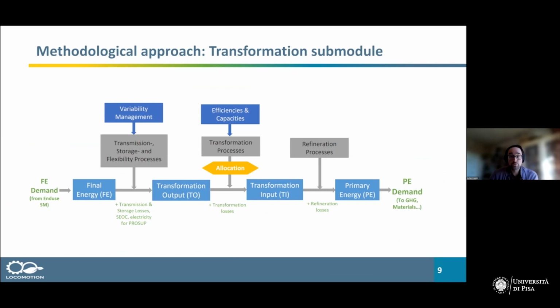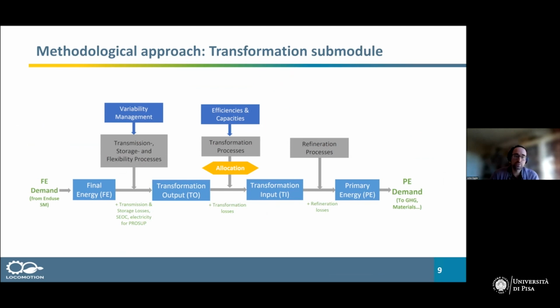Usually the energy flow will go, as I explained in the beginning, from primary energy, and then it's refined and transformed, and it goes to final energy. When calculating, in the flow of calculation, it's the other way around. So we start off with final energy demand. This is what we get from the end use submodule.